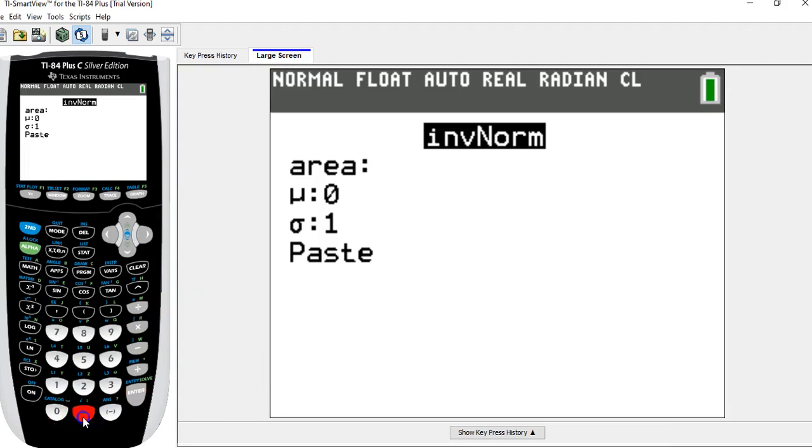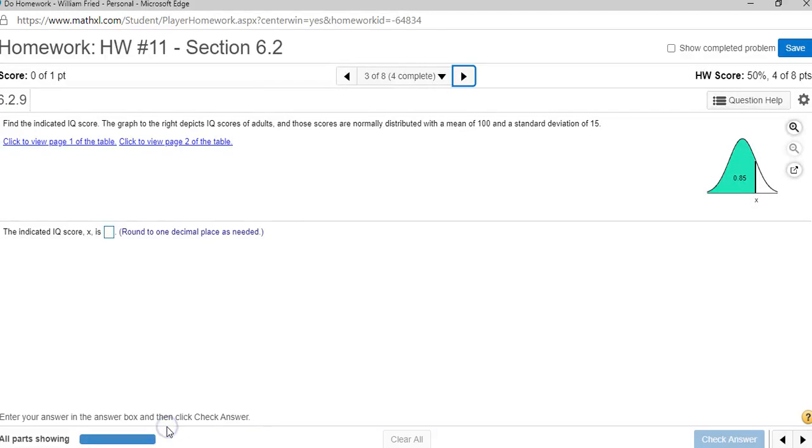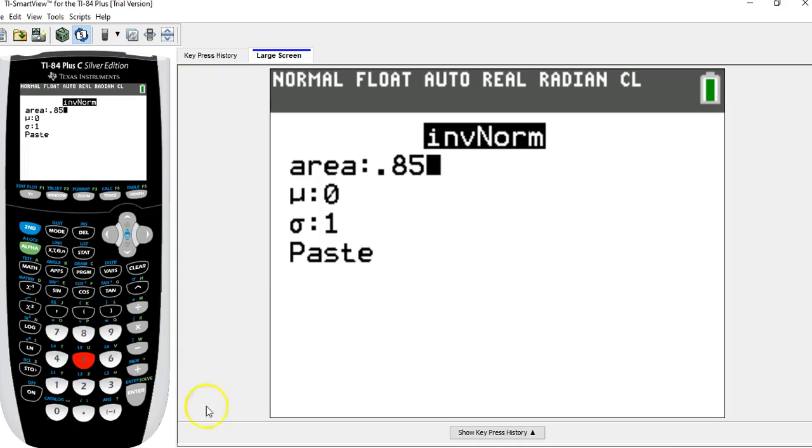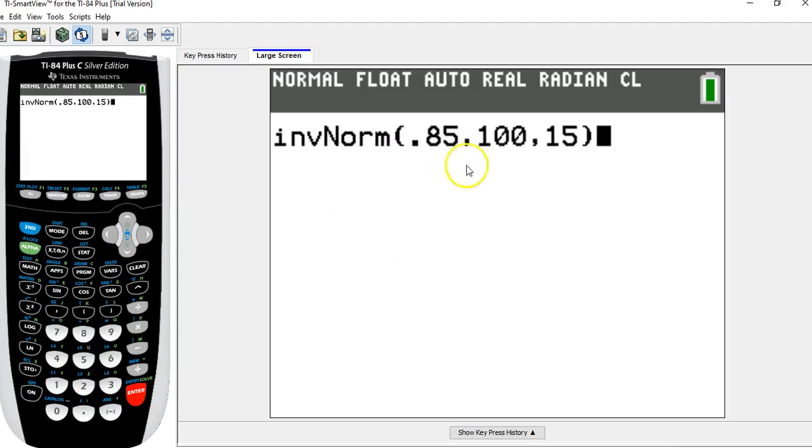Then you have to enter the mean, 100, and the standard deviation, 15. And then I'll hit paste.